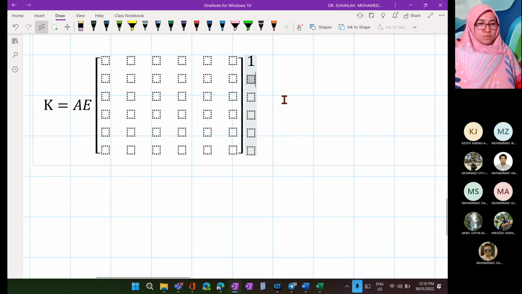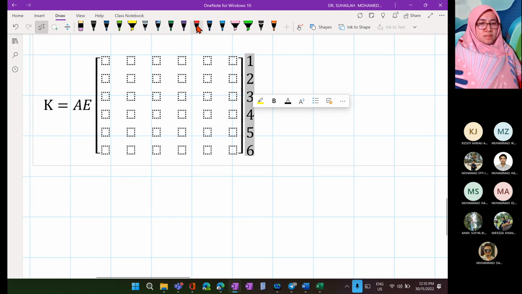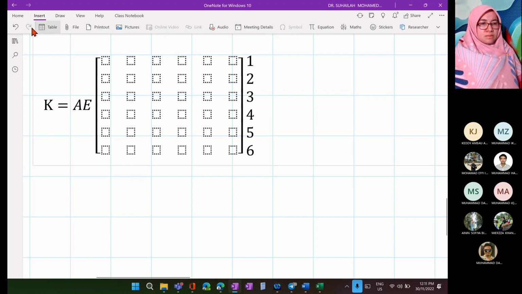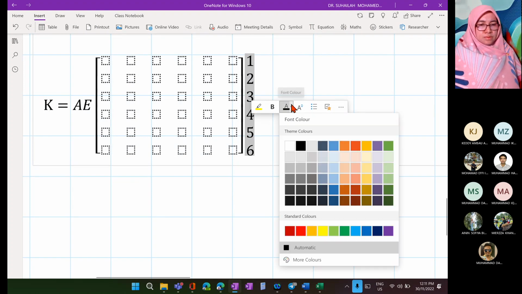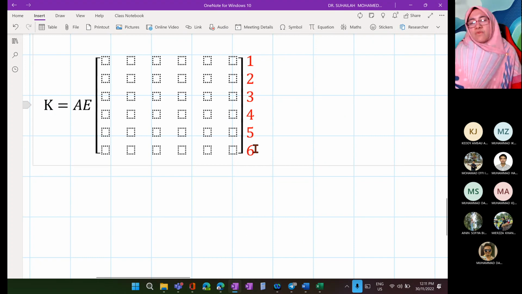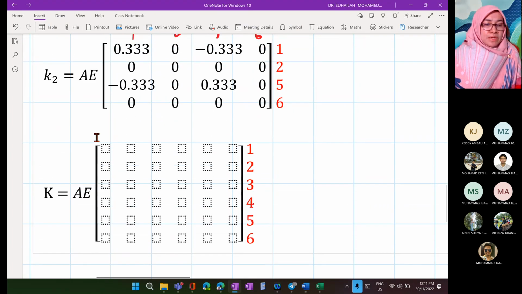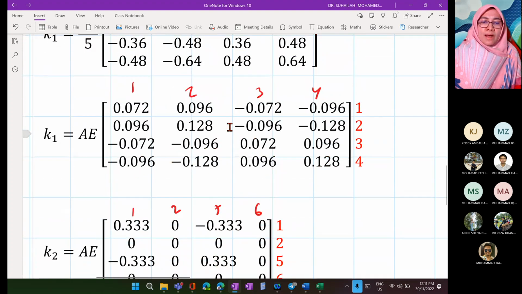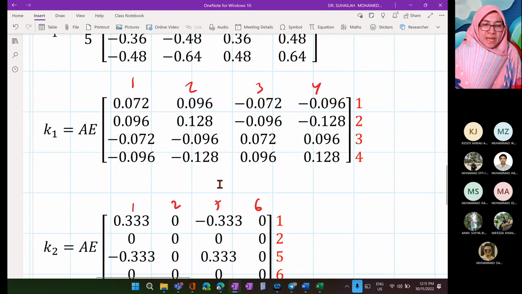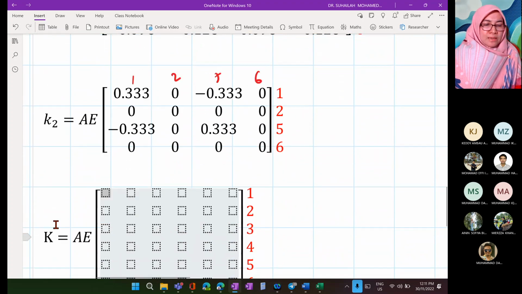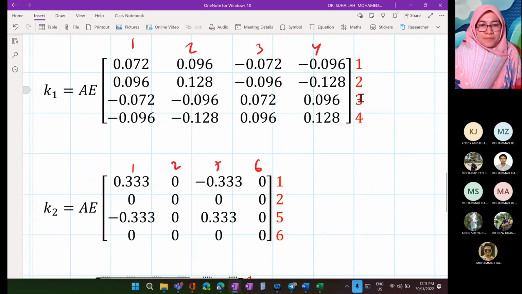Okay, 1, 2, 3, 4, 5, 6. Okay, this is for label. Remember, we label horizontally and vertically, 1 to 6. Okay, so find the value for 1, 1 from K1 and K2. From K1 and K2, find the value for 1, 1 in the structure stiffness matrix. What is the value?